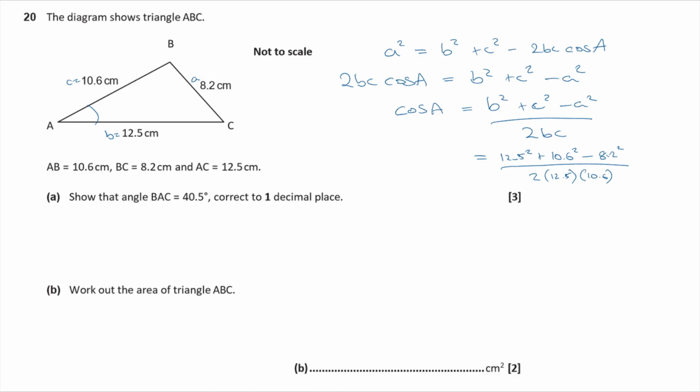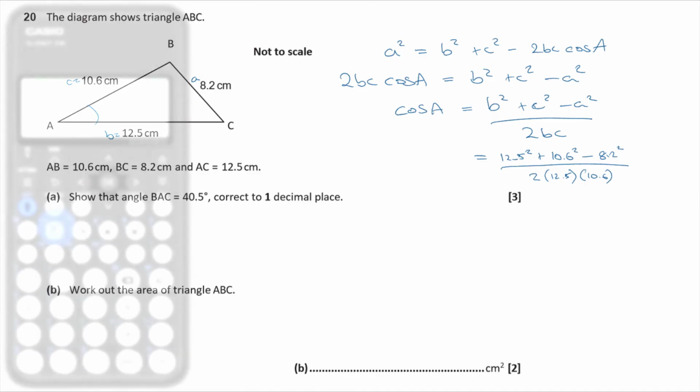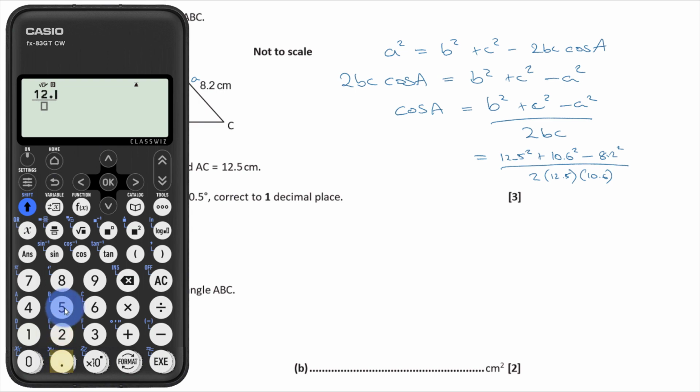Okay, so now it's just a matter of tapping it into the calculator carefully. So I'm going to use the fraction keys so I can write it down like it is on the page. So 12.5 squared plus 10.6 squared minus 8.2 squared all over 2 times 12.5 times 10.6.